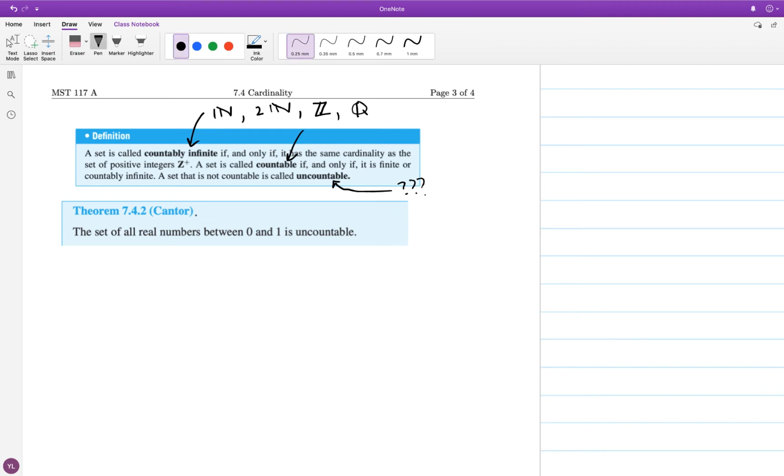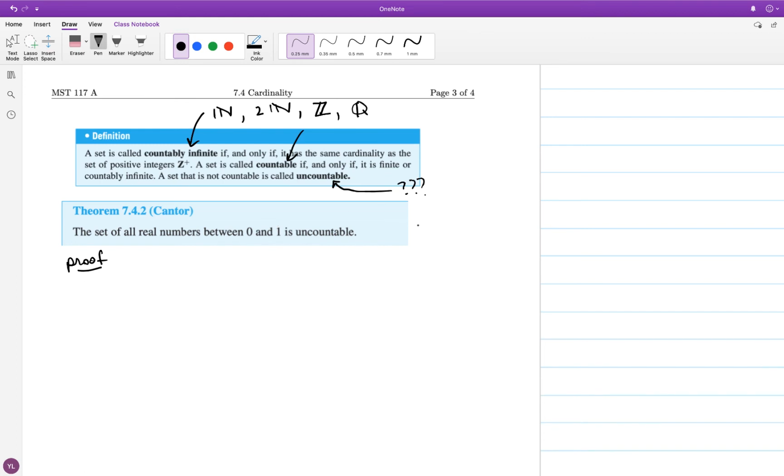Okay, so this theorem is due to Cantor, and it's a very, very famous and interesting theorem. It uses a proof by contradiction, and it's somewhat unsatisfying. So you kind of have to read it a few times before it really sits well with you. But anyway, this is how we're going to do it. I'm going to prove that there are more real numbers between 0 and 1 than there are natural numbers.